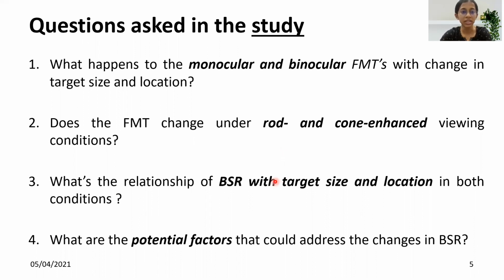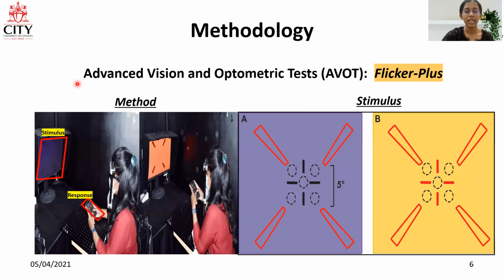So in order to answer these questions, we used the Advanced Vision and Optometry Test, called the AVOT unit. In that AVOT, we used the Flicker Plus program. I would briefly orient you towards the stimulus first and then the procedure that was carried out. Panel A shows the rod enhanced target and panel B shows the cone enhanced target.